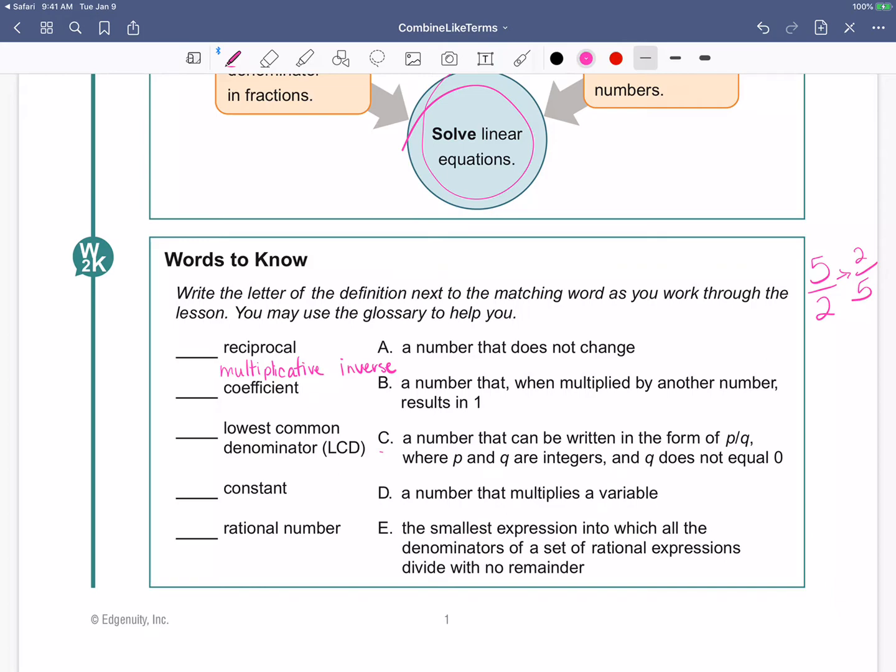So the one that best answers will be B, a number that when multiplied by another number results in 1, right? That's going to be 10 over 10, which is just 1. Okay? Actually, let me get rid of that circle.